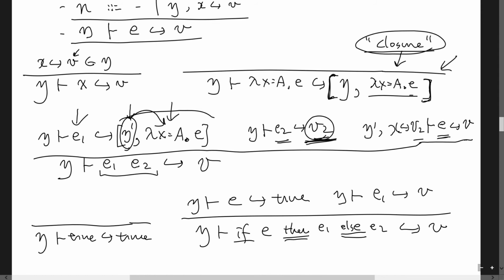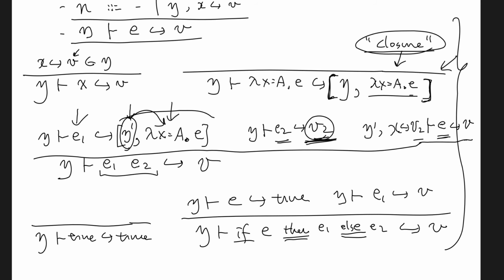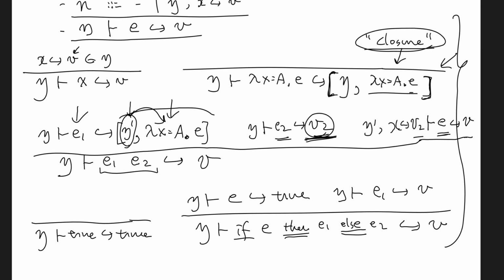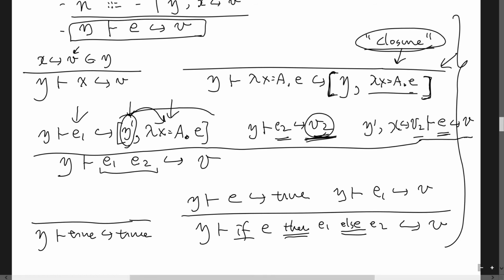So that's the idea. That's how we fix these two evaluation rules. So that's the operational semantics, yet another operational semantics for this environment evaluation judgment.